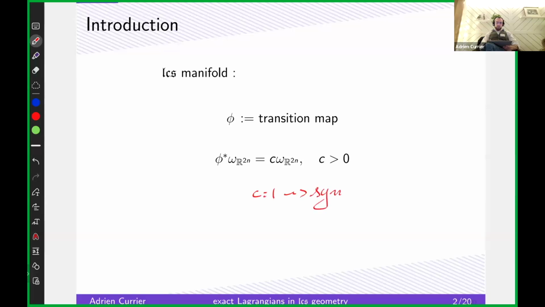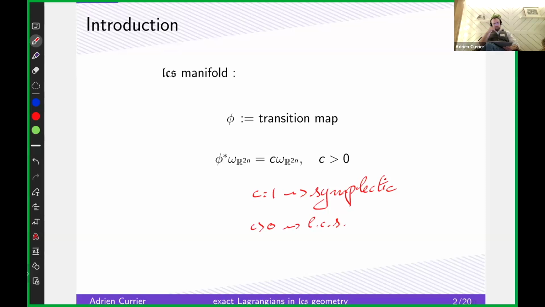And this is going to give you symplectic geometry. Now, this means that the Hamiltonian equations are going to be preserved. However, you can just ask for the general form of the Hamiltonian equations to be preserved. And this is translated by letting C be some other constant, although positive. And this is going to give rise to LCS geometry.